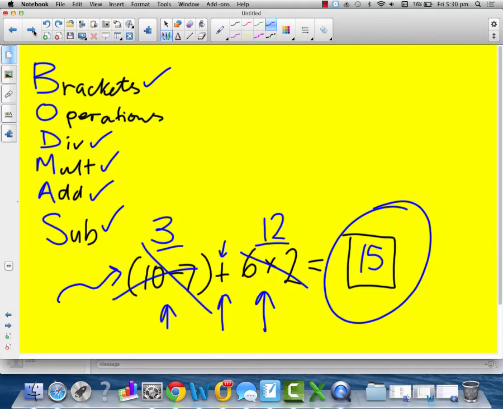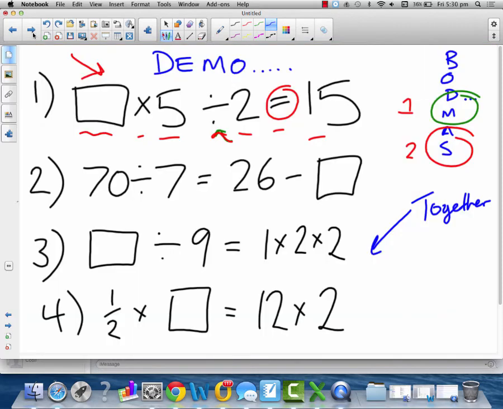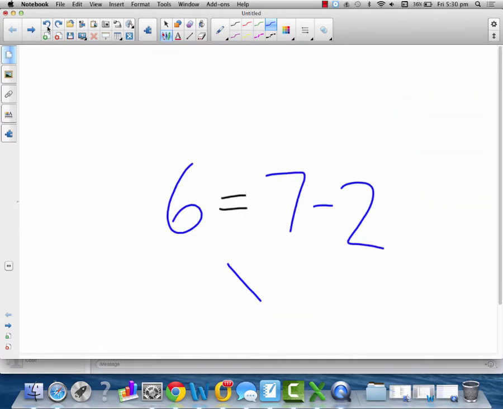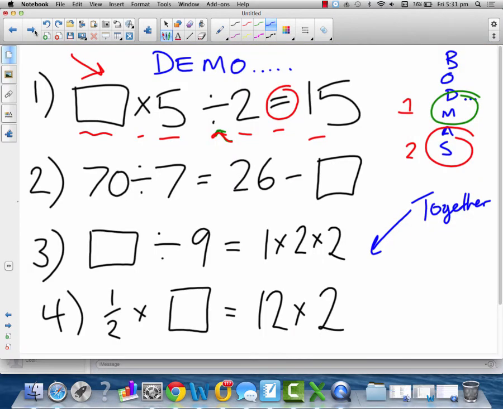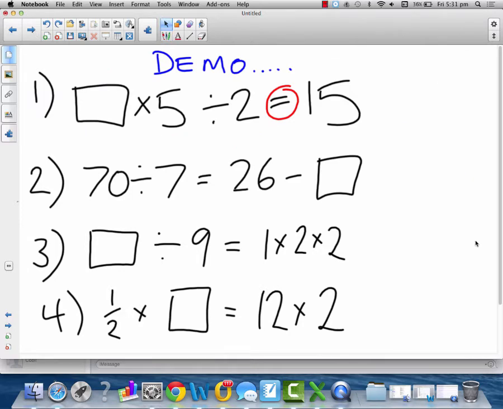These ones here. I wonder if I can get rid of that. No, I can't. Okay. Sorry, just bear with me. Back to here. I'm going to rub out all that, because that looks like a mess. Here you go. You see I've circled the equal sign. Whatever is on either side of the equal sign has got to equal the same thing.